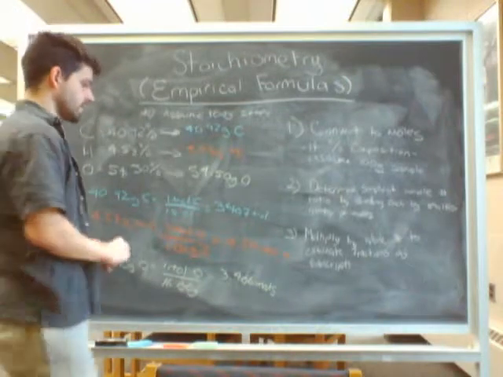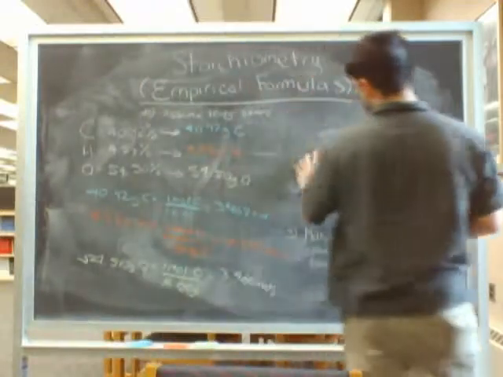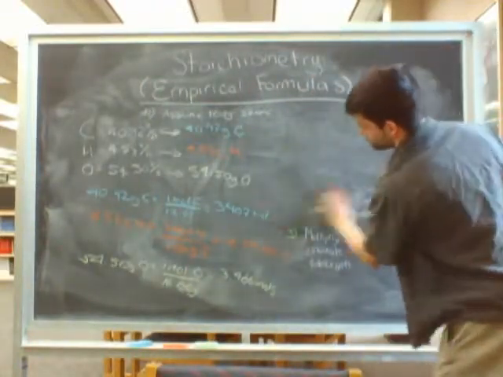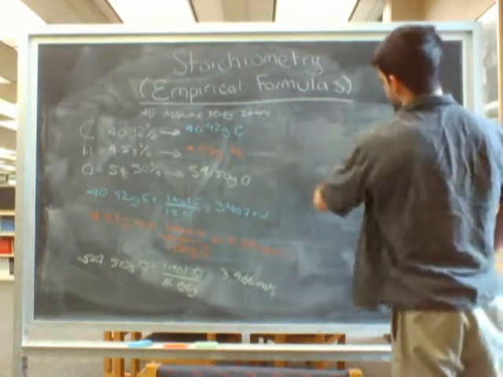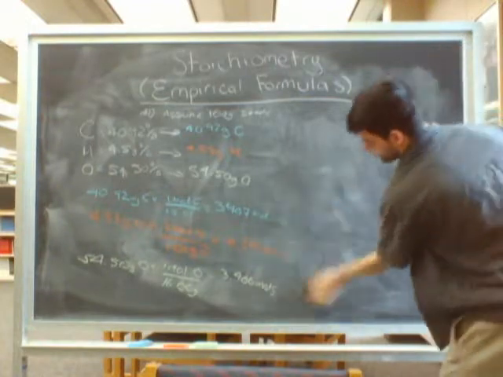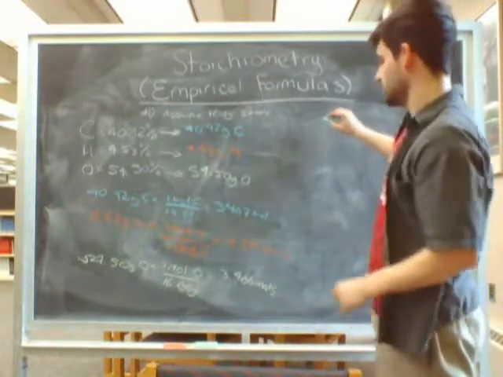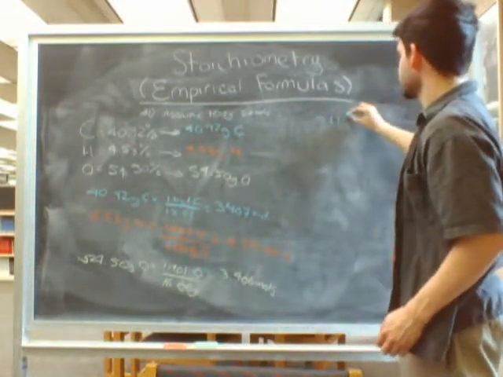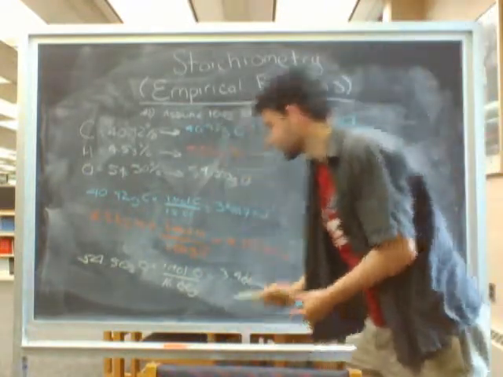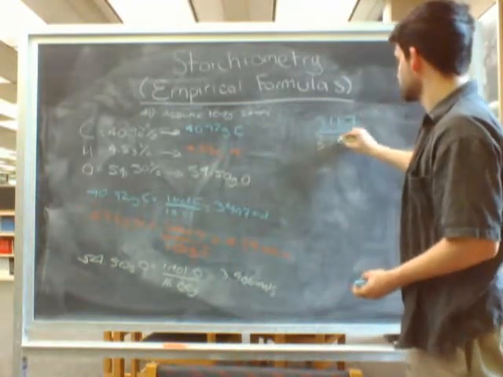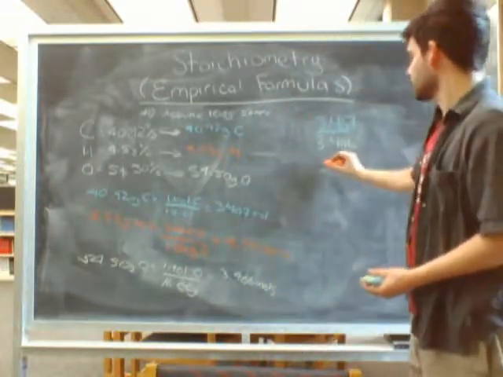So what we're going to do now is divide by the smallest number. So we have 3.407 divided by 3.406. We have 4.54.